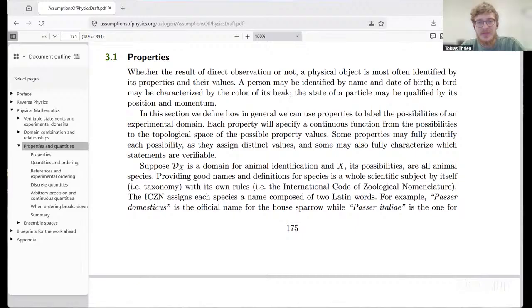Each property will specify a continuous function from the possibilities to the topological space of the possible property values. Some properties may fully identify each possibility as they assign distinct values, and some may also fully characterize which statements are verifiable. Just one question.